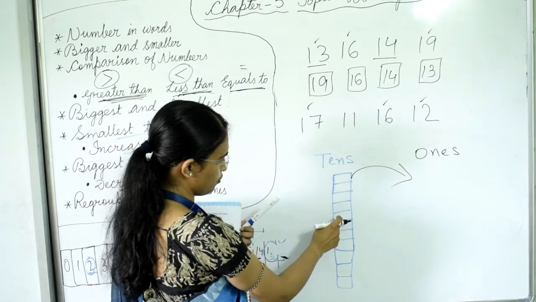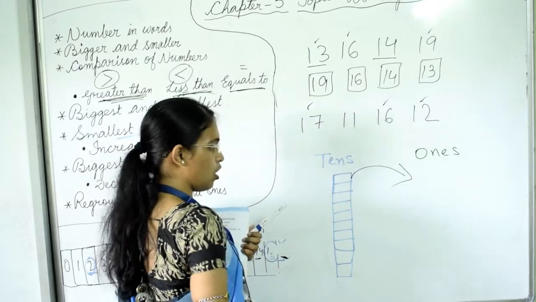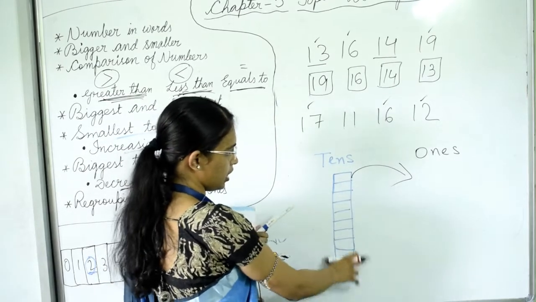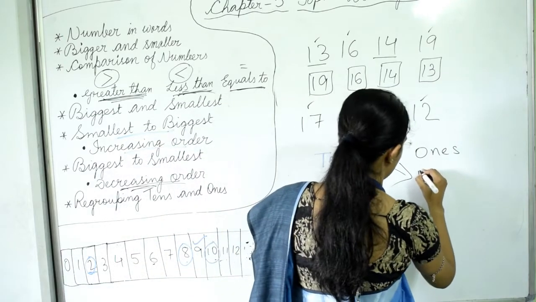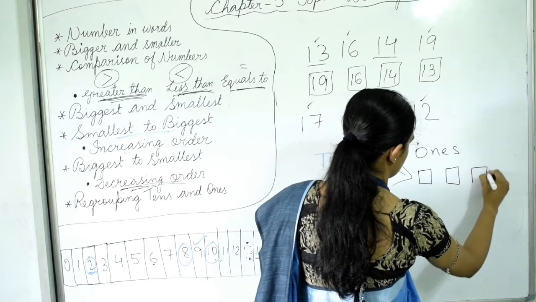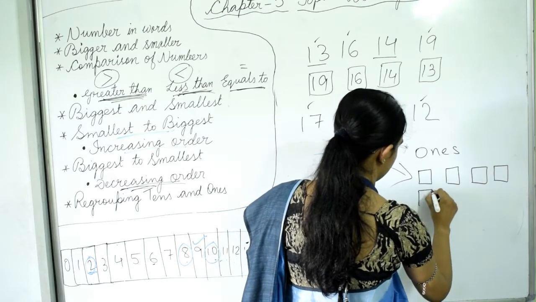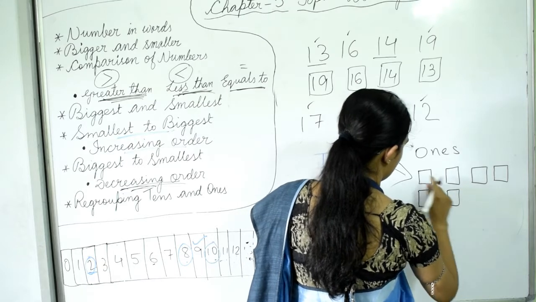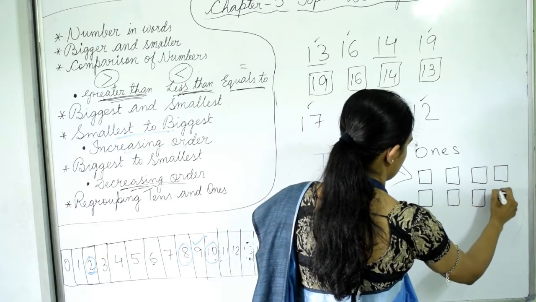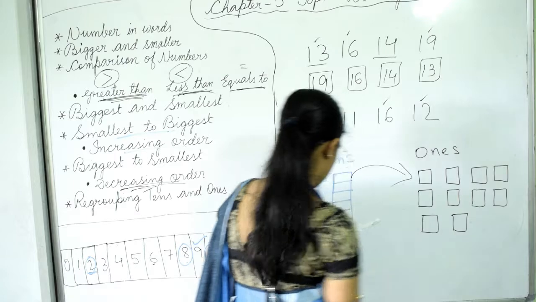1 2 3 4 5 6 7 8 9 10. So I have 10 blocks. So now I will break all these blocks, okay, and put them in a separate way. So in this way I have to break all the blocks and put all the blocks in this way. 1 2 3 4 5 6 7 8 9 10.